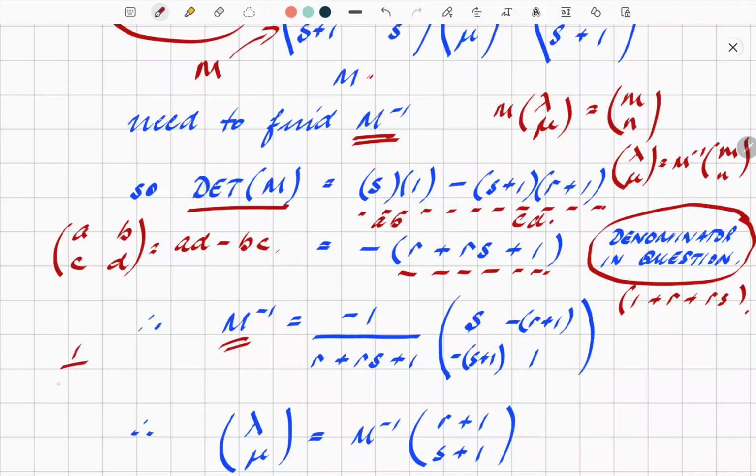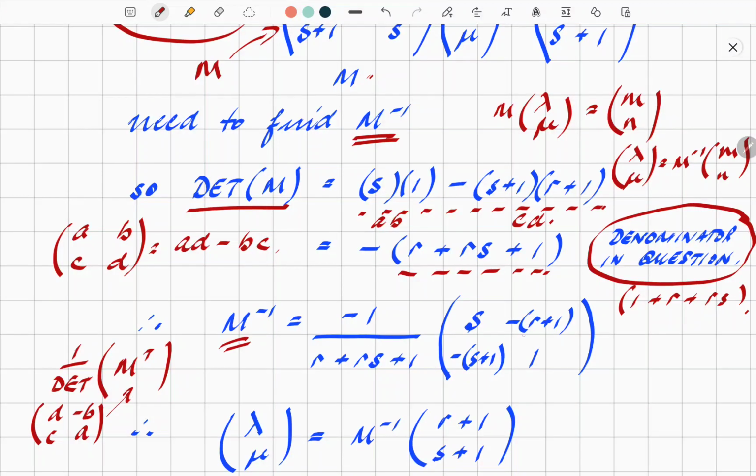So it's 1 over the determinant times the transpose of the matrix M. So what we do, we change the matrix format around. There. That's the transpose, just in case you need a reminder of that. All right.